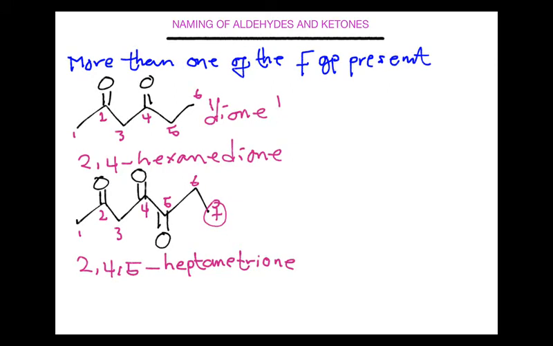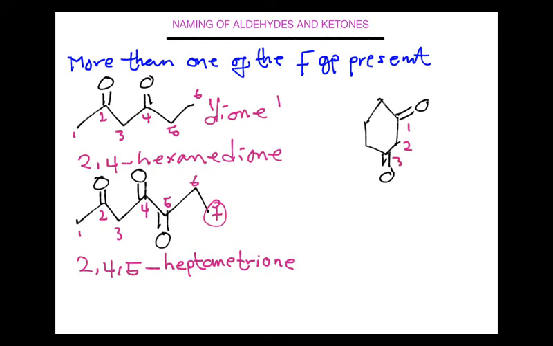Alright, what about this? How do you name this? Remember, we have two of the ketone functional group there, so we start naming from one of them. We count from here 1, 2, and 3.